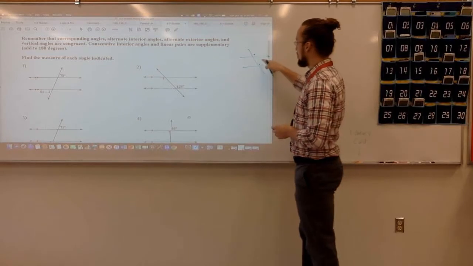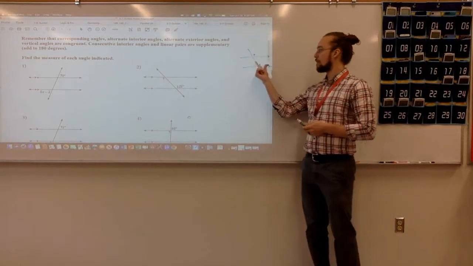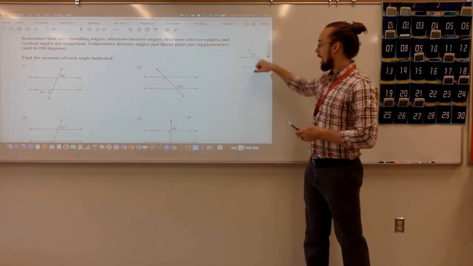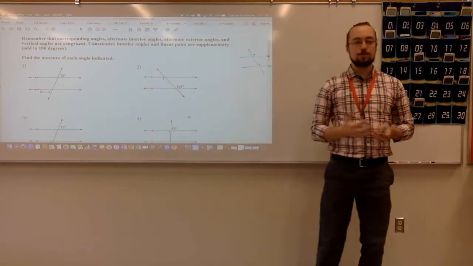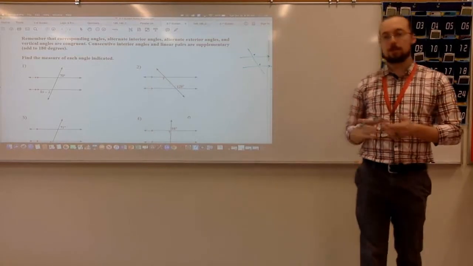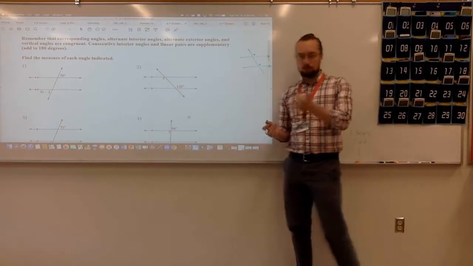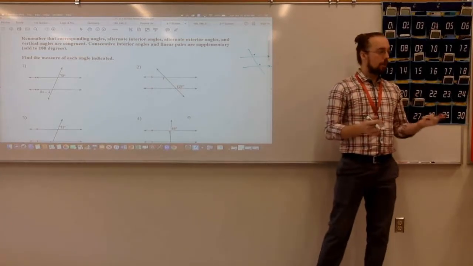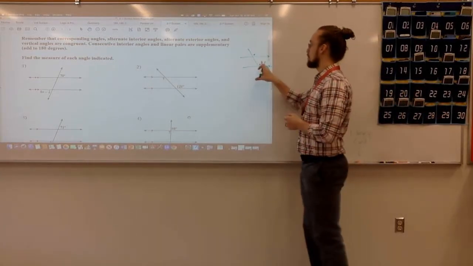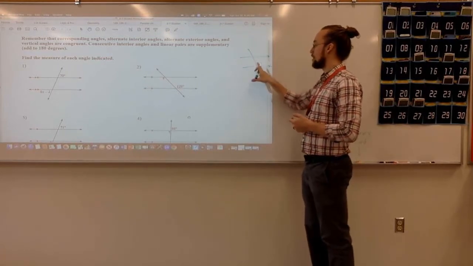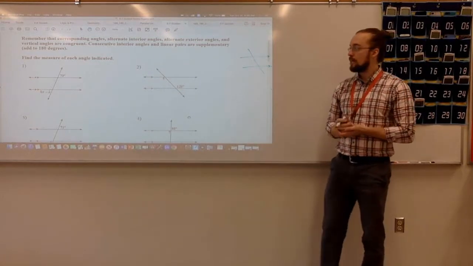If I look at these two angles here, they're both fairly large angles, right? They're both obtuse. There's no way for me to add two large angles together and get 180. Okay, so if we're thinking in terms of our only two options are either they're equal to each other or they add to 180, hopefully it starts to become easy to see which ones add to 180 and which ones are equal to each other.